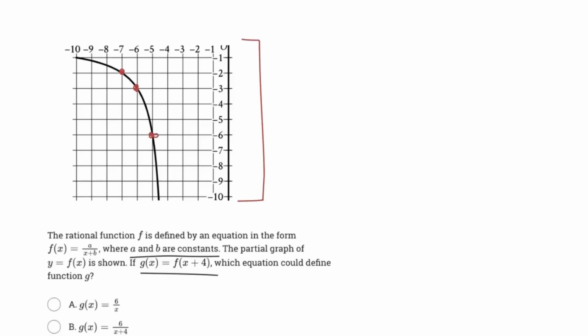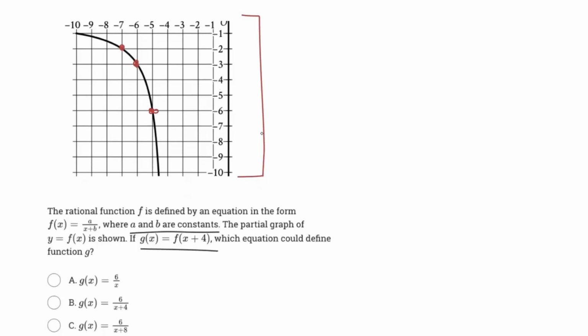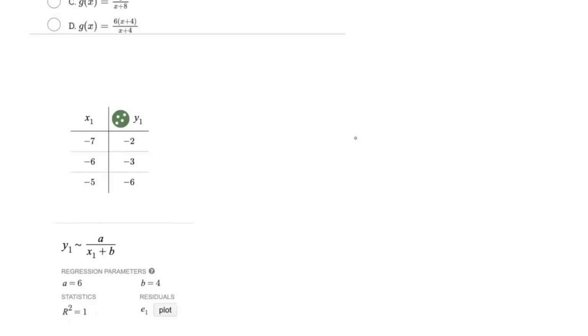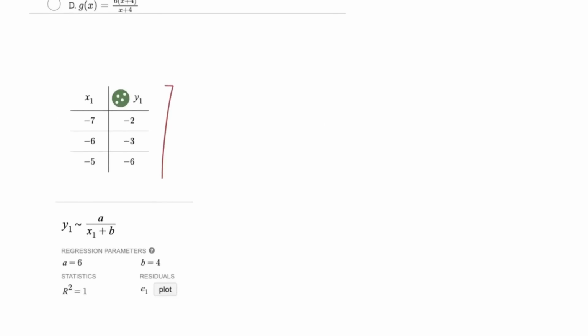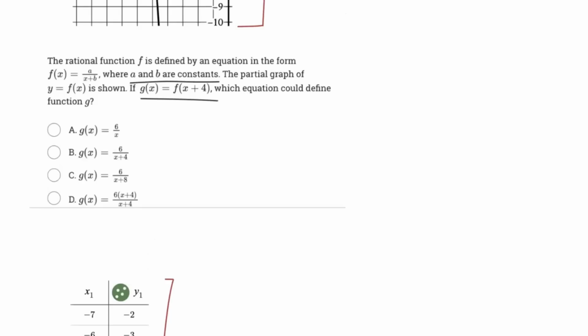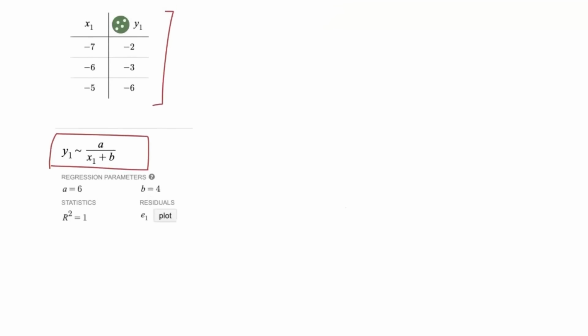And what you're going to want to do now is use a regression, right? You're going to do a regression using Desmos, as you can see below, where you basically insert a table with those coordinate points and then set your regression y1 to whatever we had up here, right? So we had the a over x plus b, and so we're just doing the same thing here.